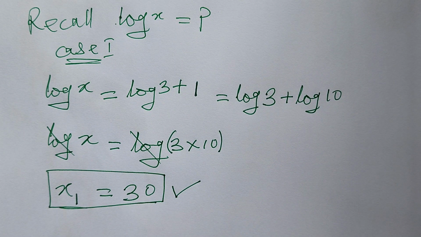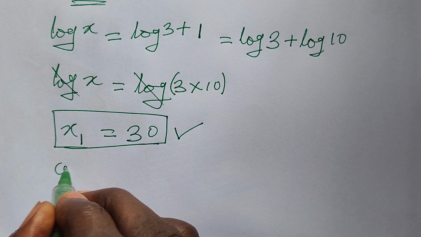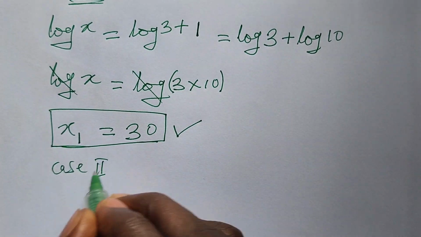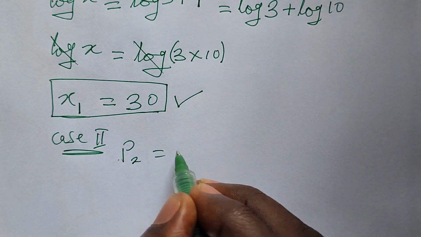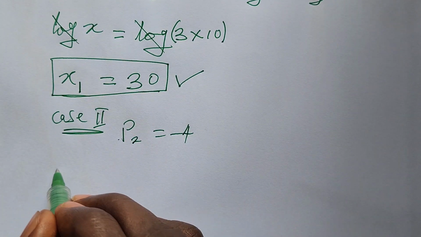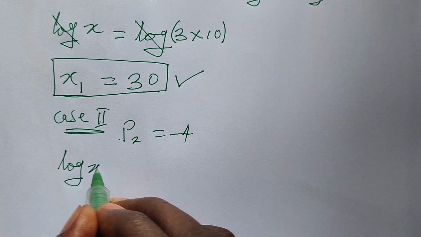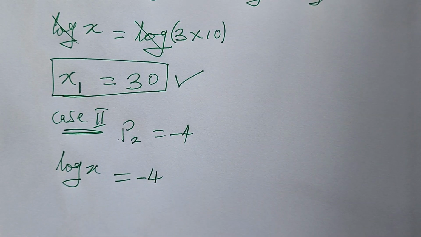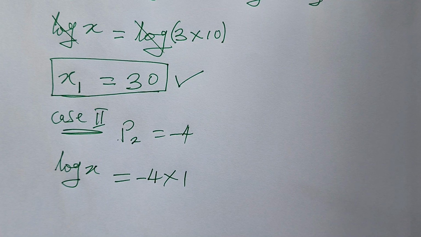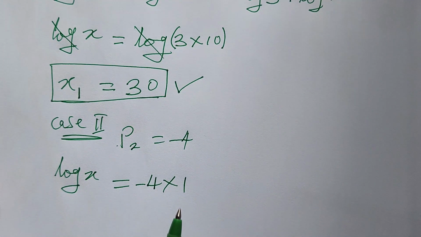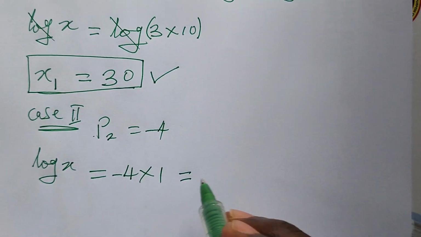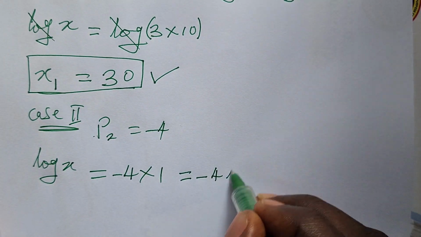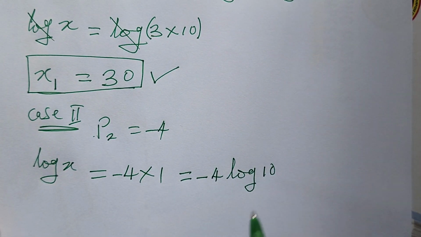We now look for our P2 to give us our x2. So our P2, which is our case 2: we have P2 is equal to what? Minus 4. Again, we're going to have log x is equal to minus 4. Minus 4 could be written as minus 4 times 1, and 1 could be written as what? Log 10 base 10. And so we can rewrite this as minus 4 into log 10.